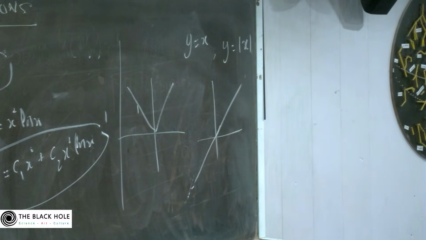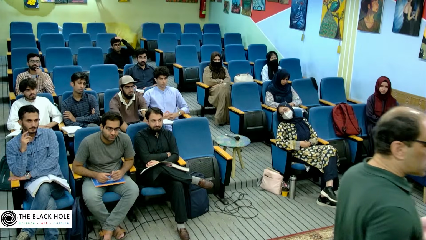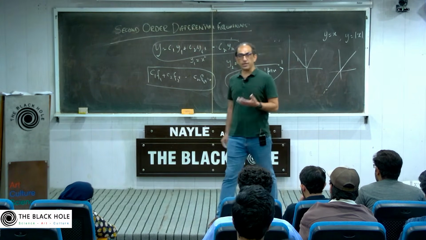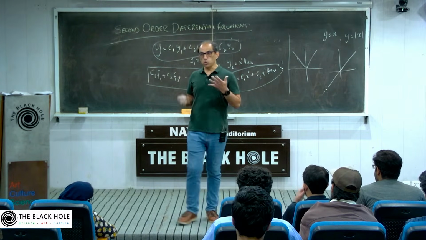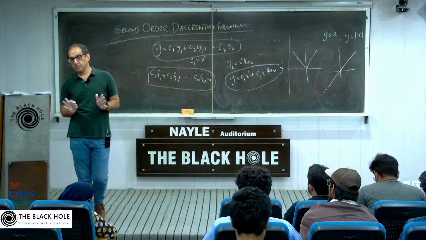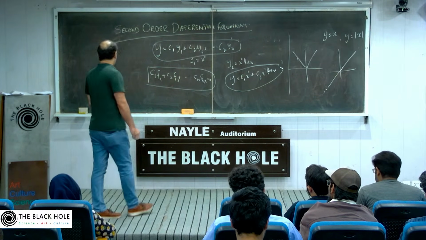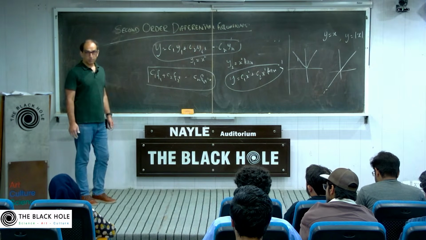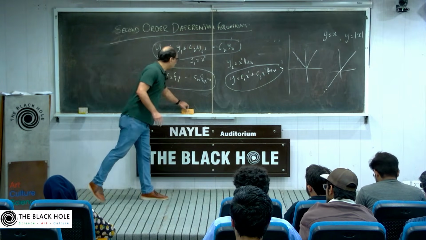So there is no way that you can obtain one from the other. If you can express one in terms of the other, that means that is linearly dependent. And if there is no way that you can express one in terms of the other, then they are linearly independent. So let's say if we are dealing with functions, how can we imbibe this idea further?